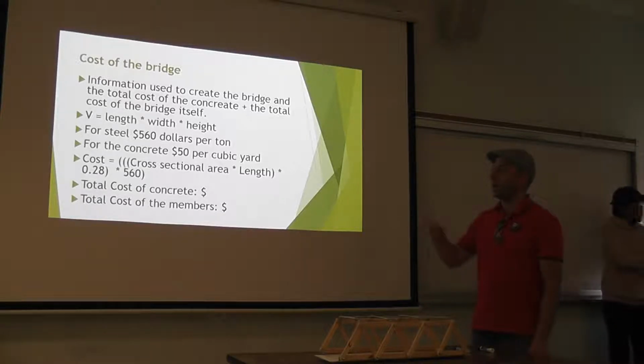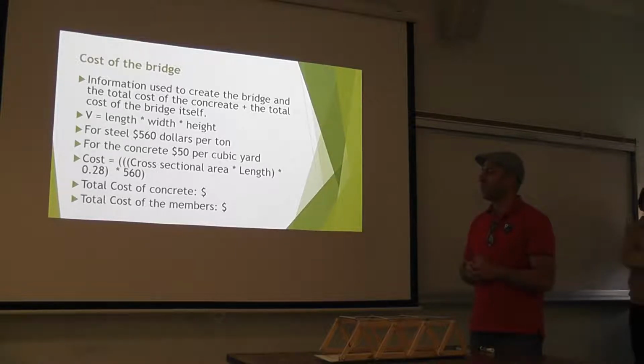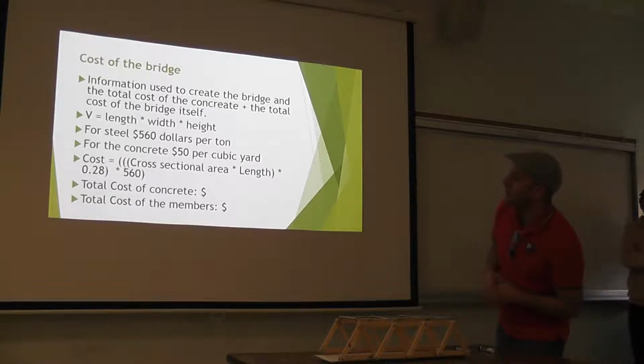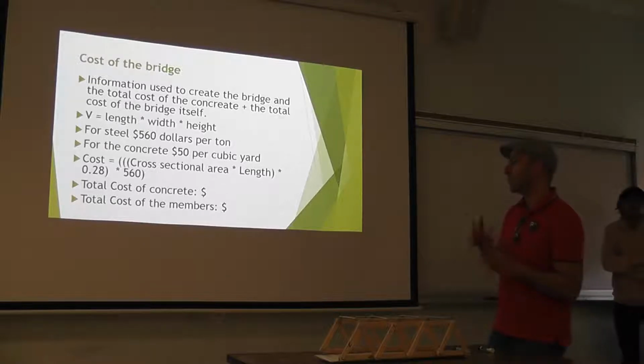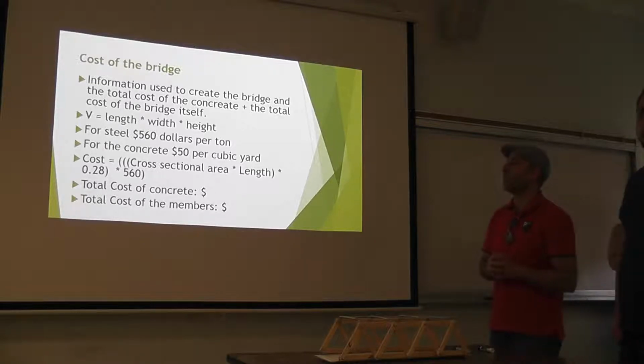And the same for the steel. We have the kind of steel we use, for example A36, and for the cost we have the section area multiplied by the length, which is the volume, multiplied by the price, and we estimate the total price for the concrete and steel.